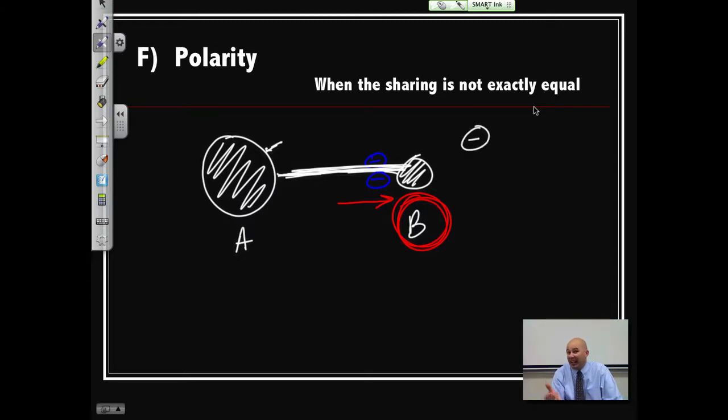If B would be gaining an electron to be a negative charge, and A would be positive, it's a complete gain of electrons or loss of electrons.